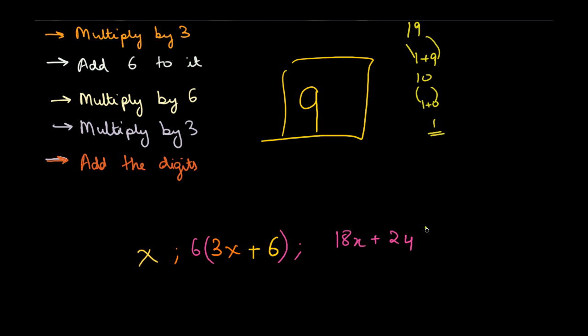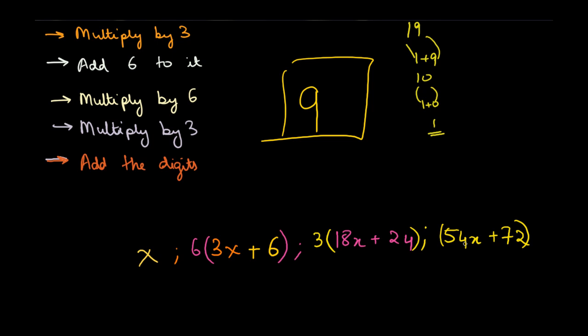And the last step, actually a semi-final step, I told you to multiply it by 3. What is 18 times 3? It's 30 plus 24, it's 54. 54x plus 3 times 24, which is 60 plus 12, it's 72. Good enough. And now I told you to add the digits.